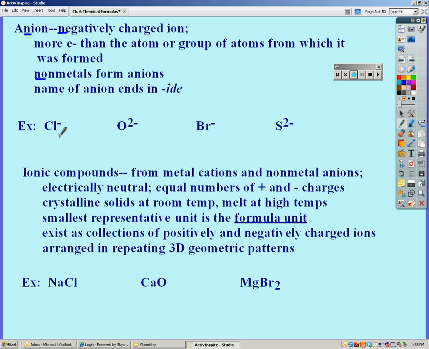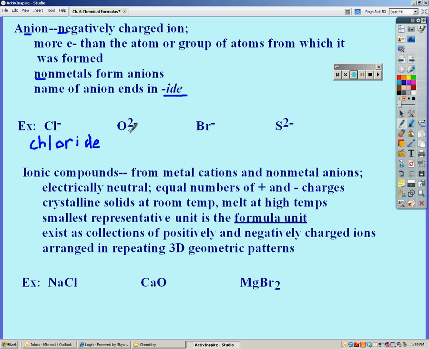When you go to name them, it is not exactly the same name as what's on the table. You take the ending and you change it to "ide." So this is not chlorine anymore, it's called chloride. And there's no need to write the word ion after it, because if we're calling it chloride, you would automatically know it's the ion.